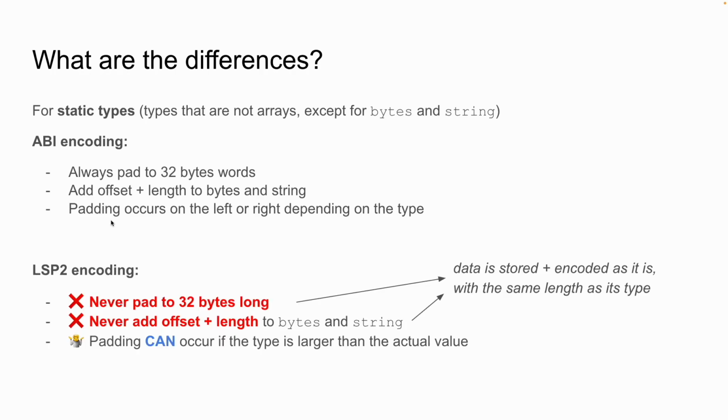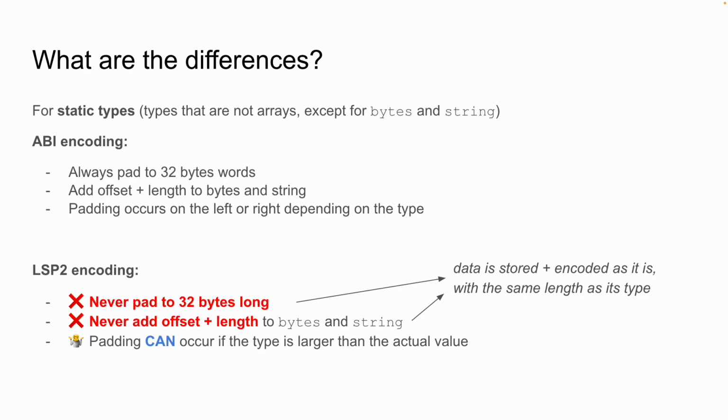Now, the main difference with LSP2 in comparison is pretty straightforward. The first two rules of ABI encoding are lifted, meaning LSP2, when it encodes data, never pads to 32 bytes long, and it never adds offset or length to bytesN or string, meaning that the data, when it's stored into the ERC725Y storage using LSP2, is always going to be stored and encoded as it is, with the same length as defined per its type.